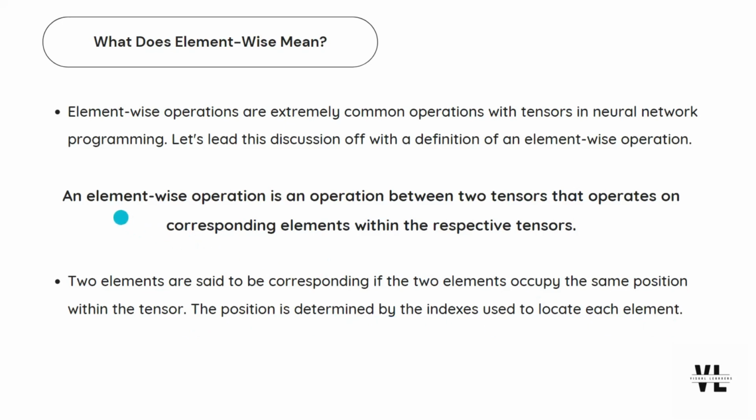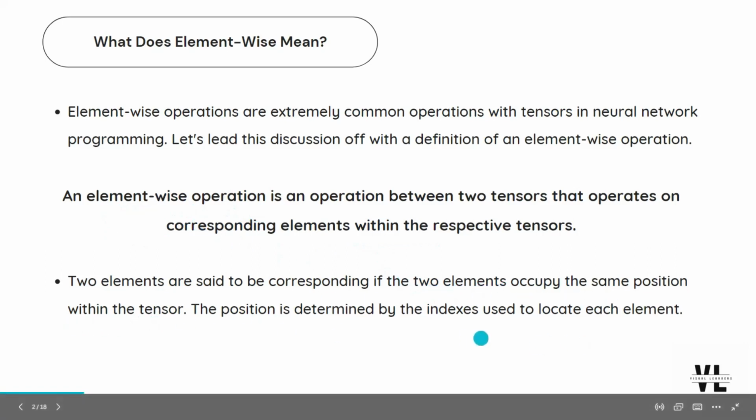So the basic idea behind element-wise operation is just an operation that is carried out between corresponding elements within different types of tensors. And when we carry out an element-wise operation, the two elements must occupy the same position within the tensor.